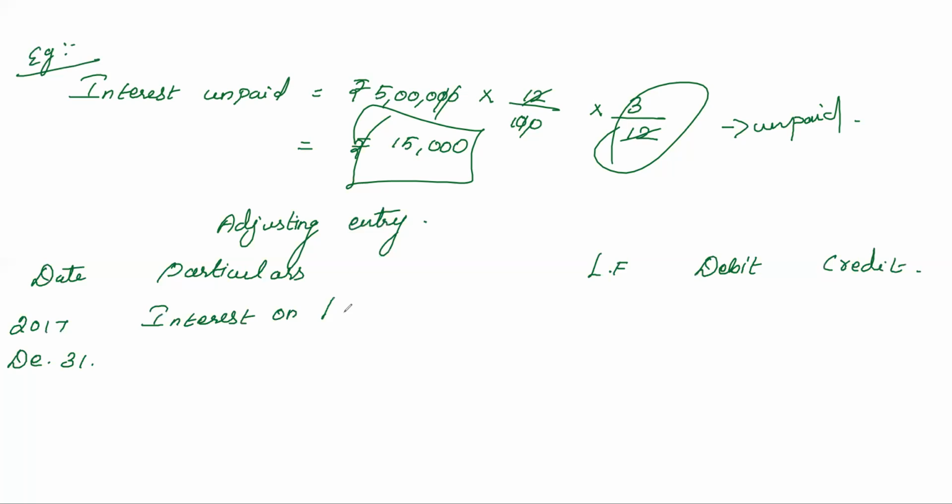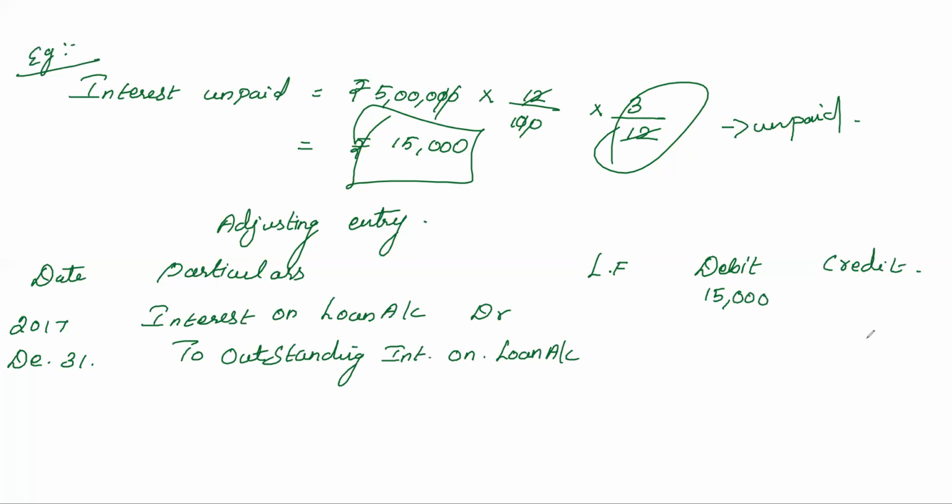Interest on loan account debtor to outstanding interest on loan account. So debit side 15,000, credit side also 15,000. Interest on loan outstanding provided.